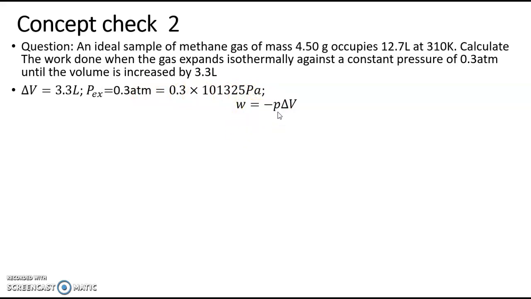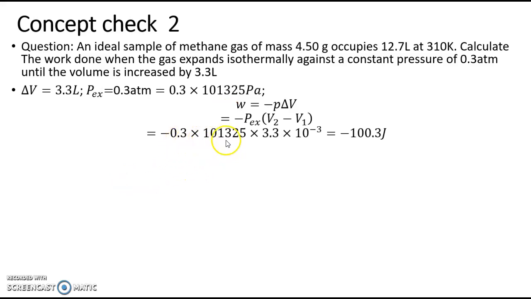W is minus P delta V, that's supposed to be capital P, not small letter p. So we have 0.3 times, in pascals, 101325 times 3.3, and converting this to meter cube, that's equal to minus 100 joules.